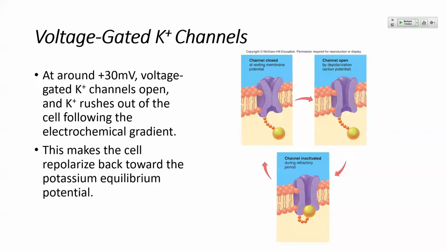And when this channel opens, potassium rushes out of the cell according to its electrochemical driving force. This helps to make the membrane potential repolarize or get back down to rest, right? We got all this positive potassium moving out of the cell, and it's leaving behind this negative environment. And so the membrane potential begins to reapproach that resting value of -70.